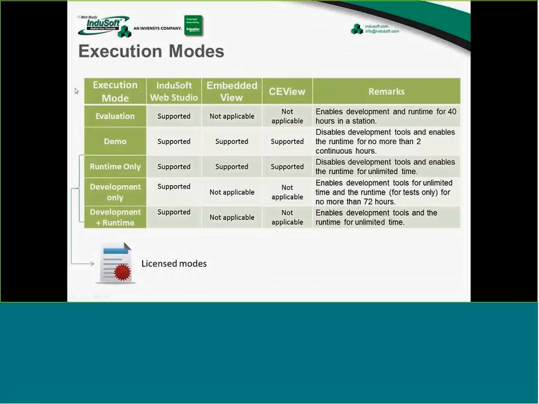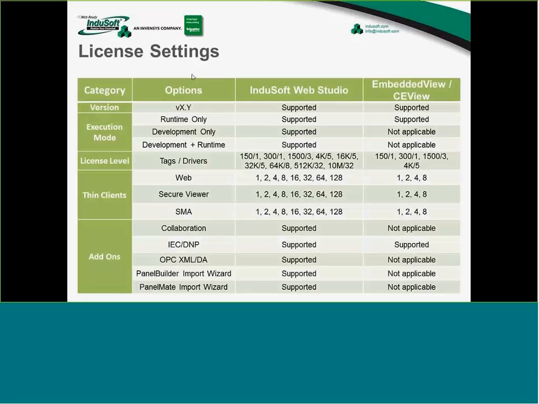And then once you have selected or defined your execution modes, we have all the different license settings. I like this slide because it pretty much consolidates all options that you have when you are purchasing a license with InduSoft. So first, of course, you have to decide which version of the product you are using, and ideally you want to always be in the latest release.